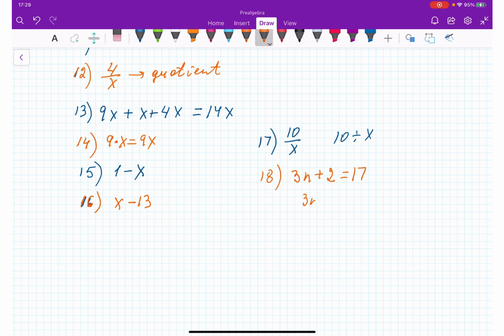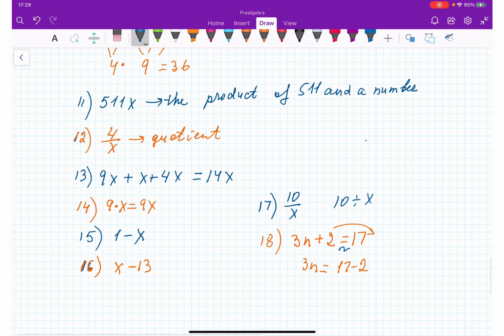So 3n is equal to, moving 2 to this side, 17 minus 2. One thing you need to know: every time I move a term over the equal sign, it doesn't matter from left to right or from right to left, you have to flip the sign. For example, let's say you have 3x minus 2 plus 5 equals negative 7x plus 8x minus 1.